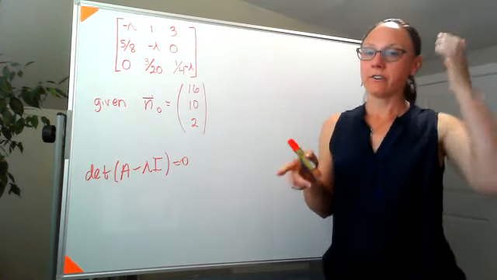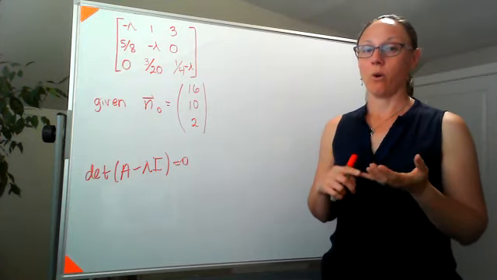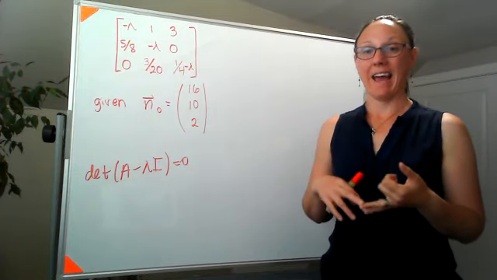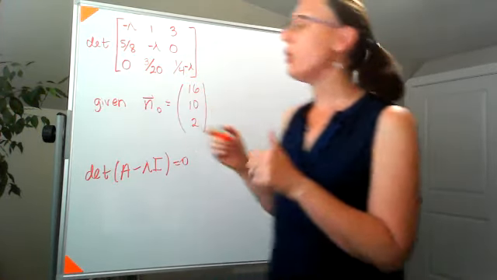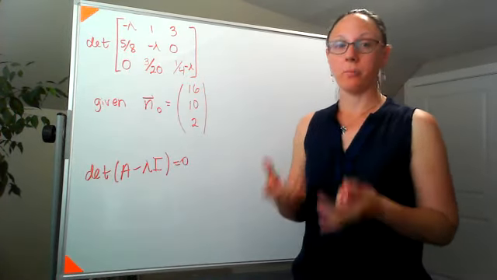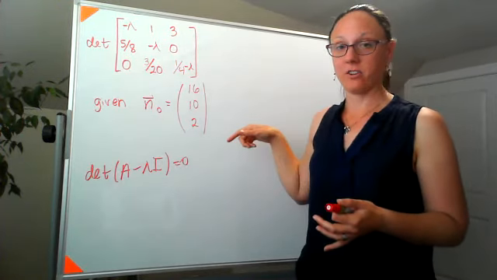With cofactor expansion, I'm always going to want to choose either a row or a column with zeros, if I have it, to take that determinant. You could also take this determinant the book way, writing it over here and then writing the determinant out.